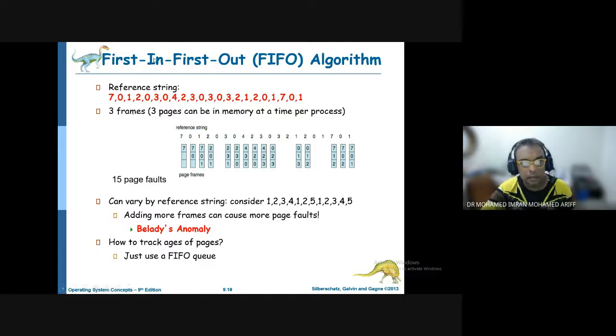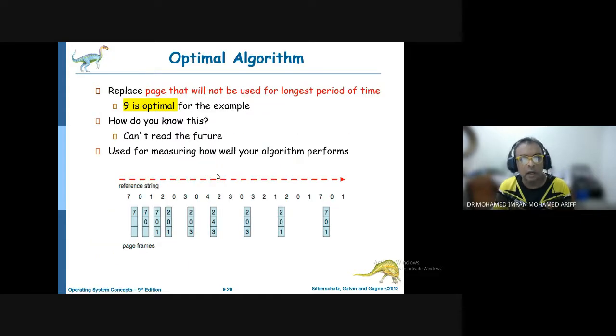But dalam algorithm first in first out, if you tambah more frames kat sini, then you will lead to a problem called Belady's anomaly. Belady's anomaly kata, even if you tambah the number of frames kat sini, okay, your page fault will also increase. Okay, because each frame needs to be in a specific location at a specific time only. Okay, all right. So that's Belady's anomaly.